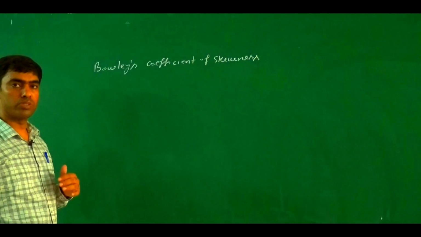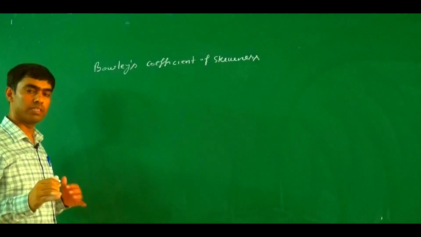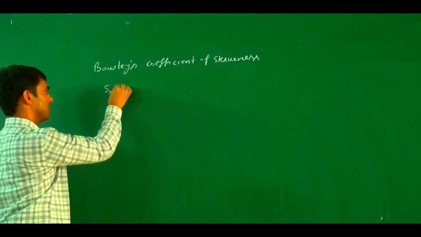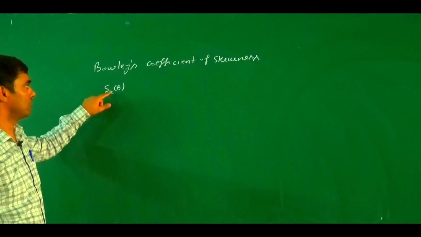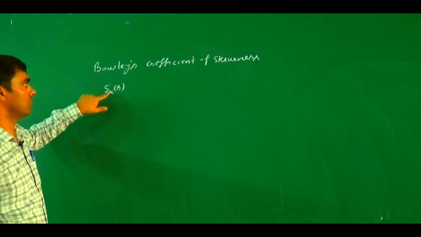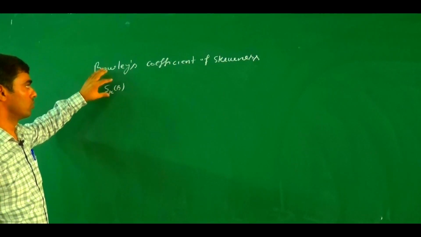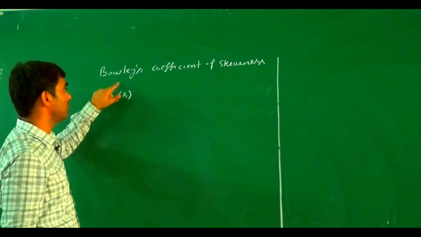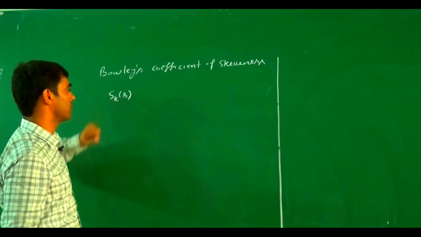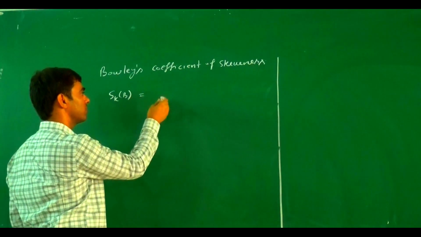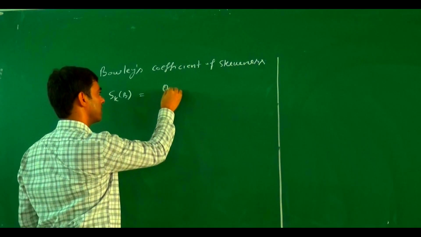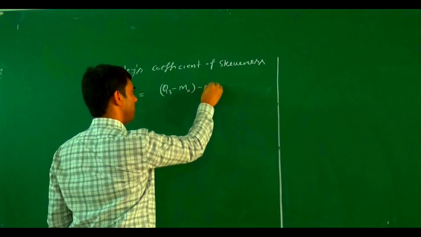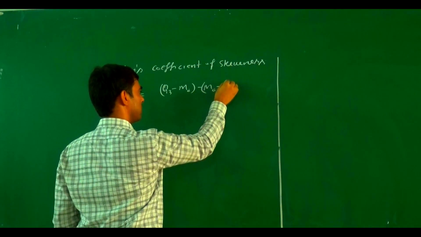This one is also denoted by Sk, but to differentiate it from the Karl Pearson coefficient, here we denote it as Sk_B. Sk is the Karl Pearson coefficient of skewness, and Sk_B is the Bowley coefficient of skewness. It is defined as Q3 minus Md minus Md minus Q1.